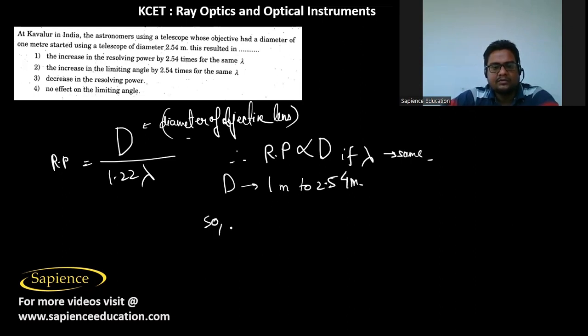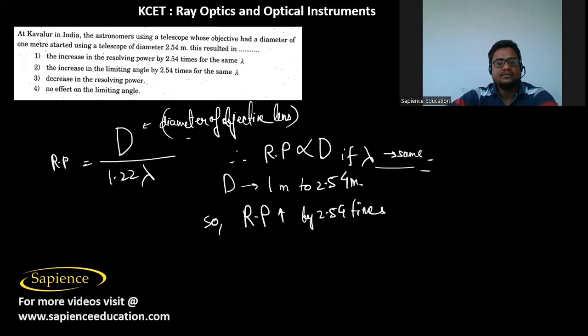So the resolving power will also increase by 2.54 times if lambda remains the same. So this results in an increase in the resolving power by 2.54 times for the same lambda. So option 1 is the correct answer.